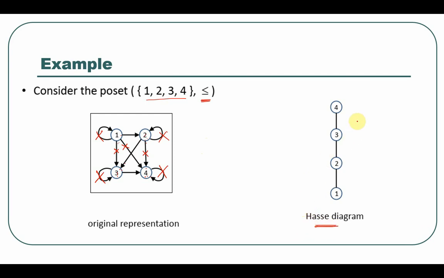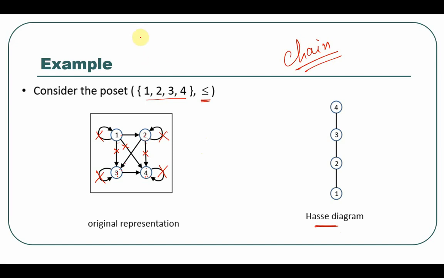Now if you see, this hash diagram is in the form of a straight line, or I can say this is in the form of a chain. If you remember, a chain was a totally ordered relation, which was a special case of a partially ordered relation. Let me give you a recap.